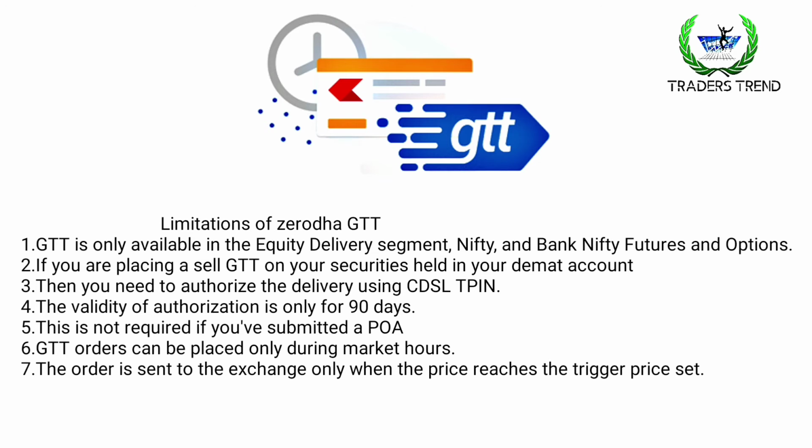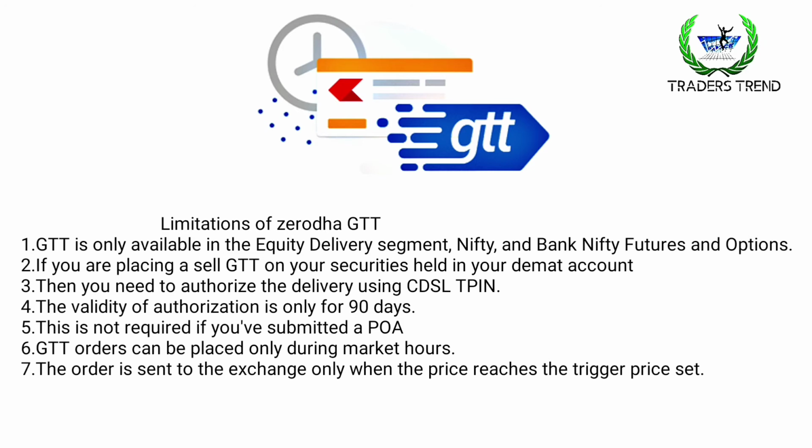It means you can set the trigger price at 1700, and when the particular stock comes to that price, only then your order will trigger at the limit price. You have set a limit price, and that price will be listed on the buy or sell side.